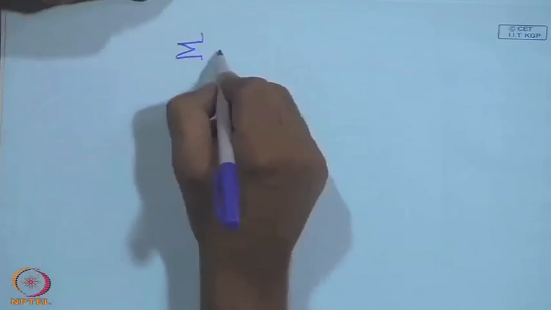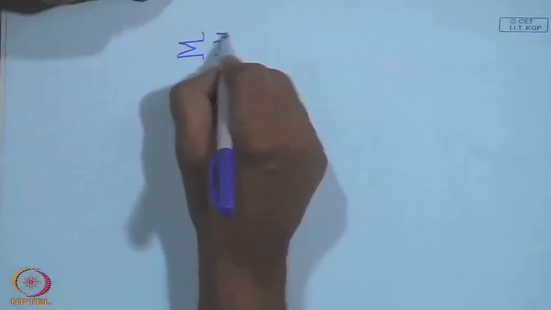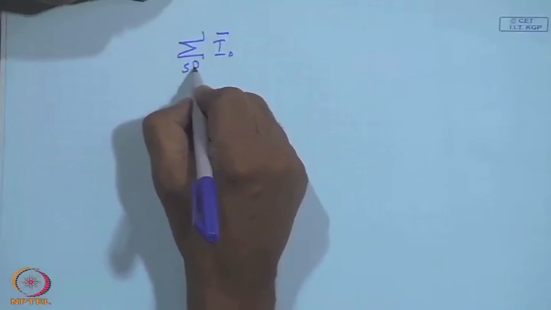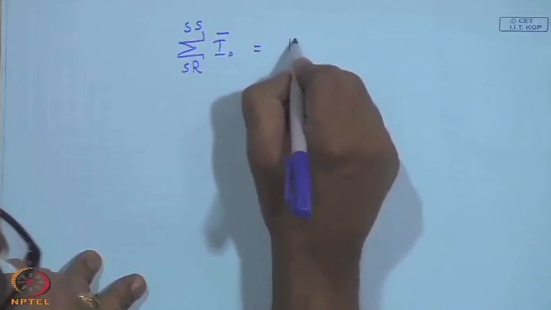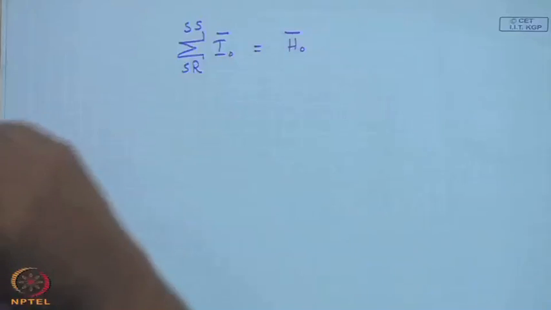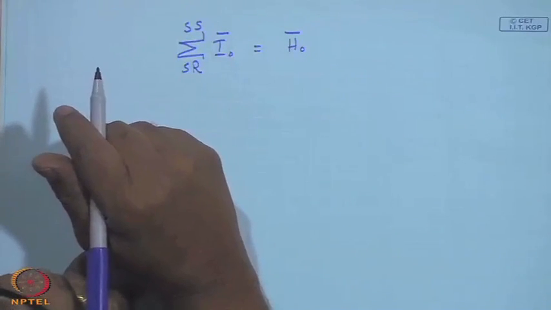There is a purpose. So, sigma I0 bar from, let us say, instead of symbols, from sunrise to sunset should also be equal to H0 bar, because H0 bar is the average of all the days and I0 bar is the average of each hour.